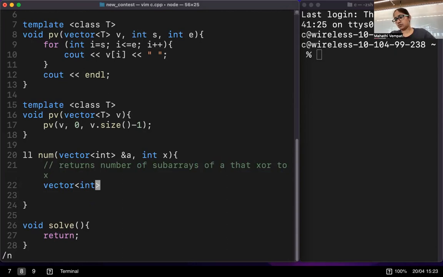Now we need the cumulative sum array. Sorry, the number of XORs of a given value.